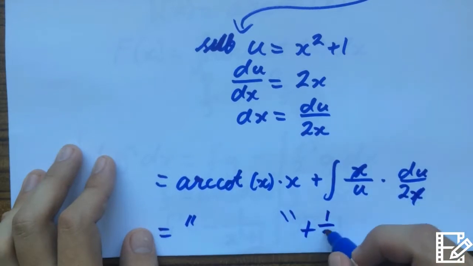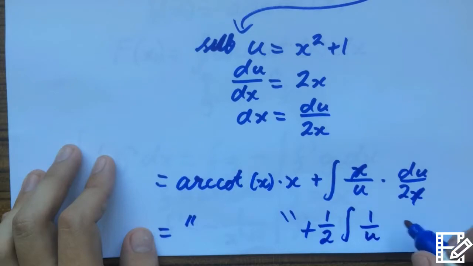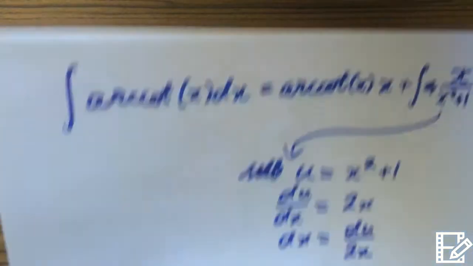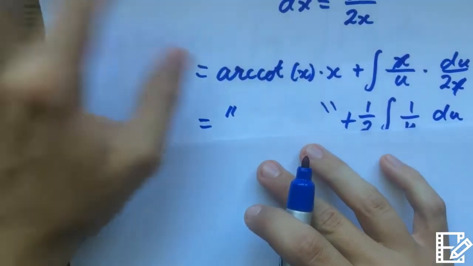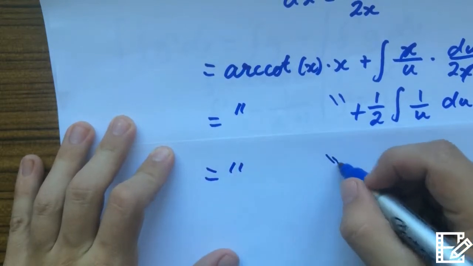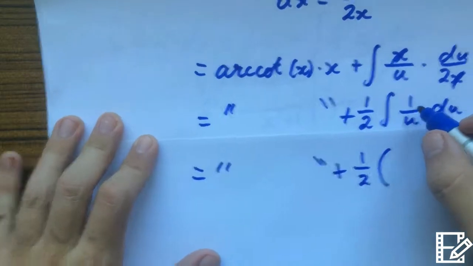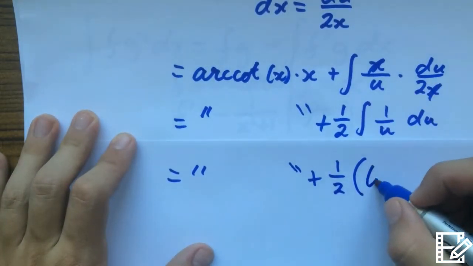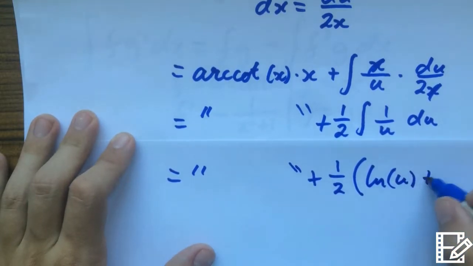Plus, that's going to be a half out the front, and the integral of 1 over u with respect to u. What's that going to look like? Well, that's going to be plus half the integral of 1 over u, or 1 over an unknown, is ln of that unknown, plus c.